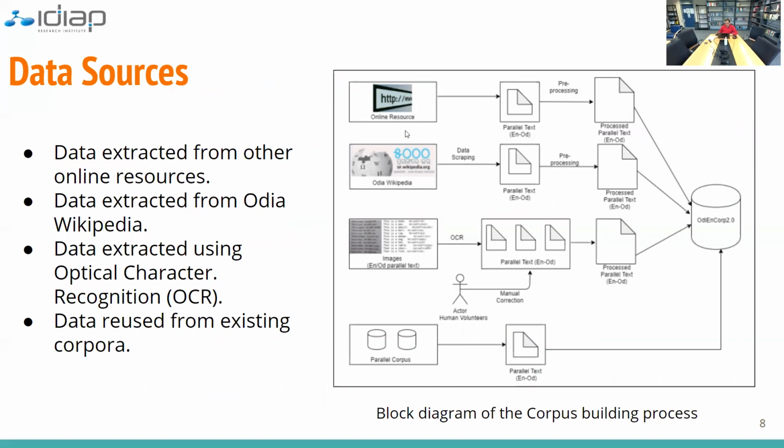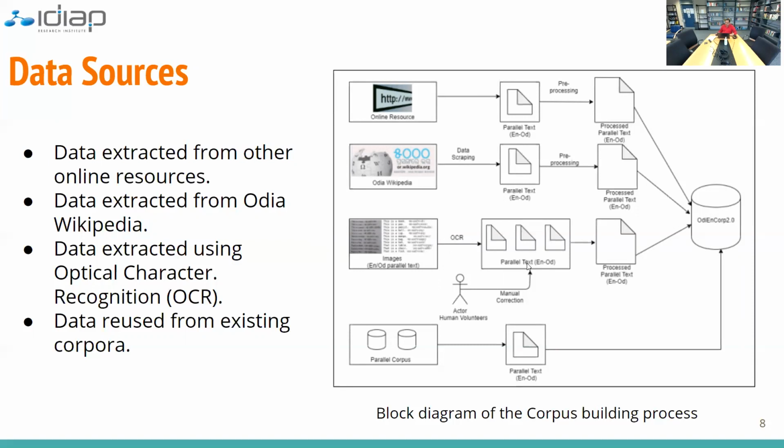For building this corpus, these are the various sources of collecting the data. Most of the data we have collected from Odia Wikipedia or other available online resources. Apart from online, we also take some parallel sentences in English and Odia available in various literature, books or dictionaries, and we use OCR techniques to collect these.